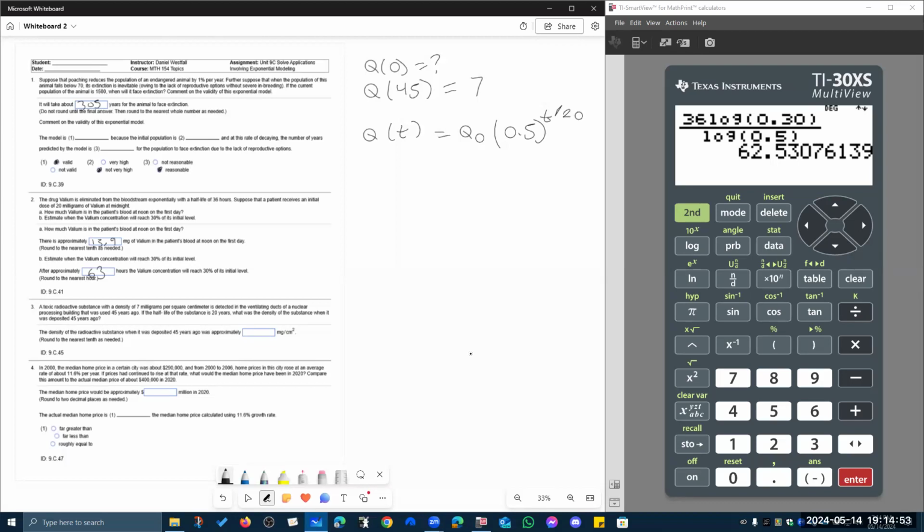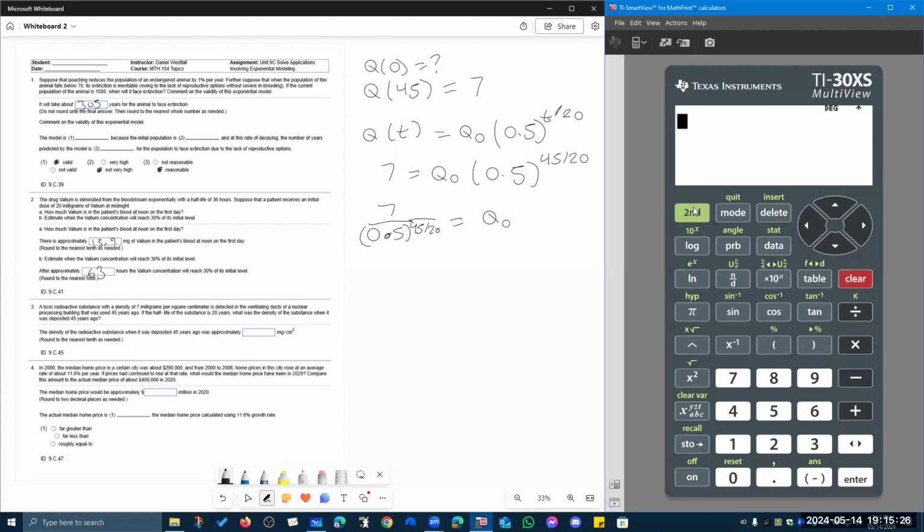So we're going to make a substitution here, and we're going to say that 7 equals Q naught times 0.5 raised to the 45 divided by 20. And so 7 over 0.5 to the 45 divided by 20 is equal to Q naught.